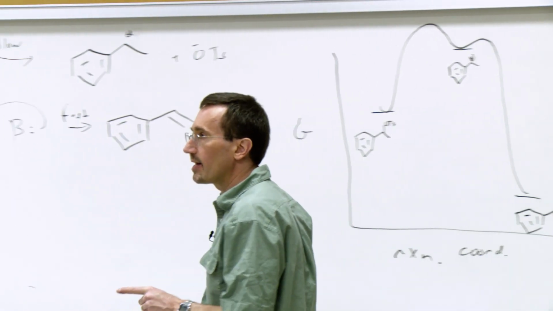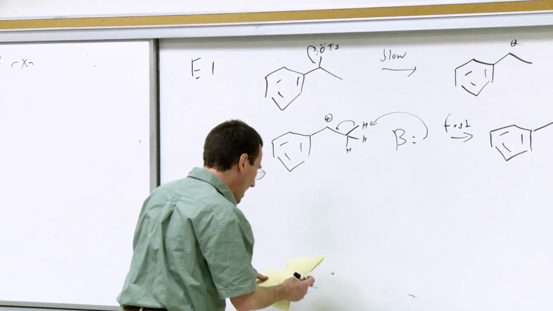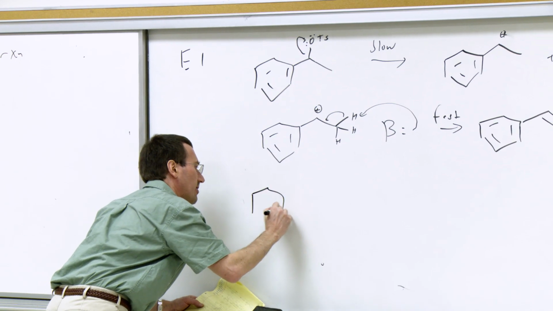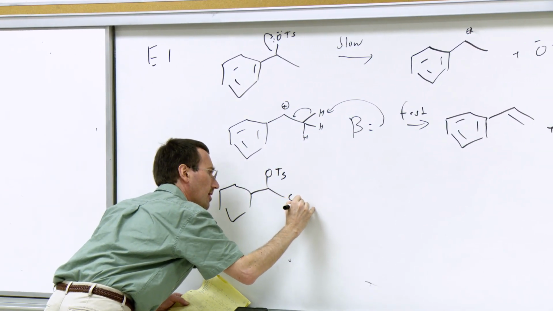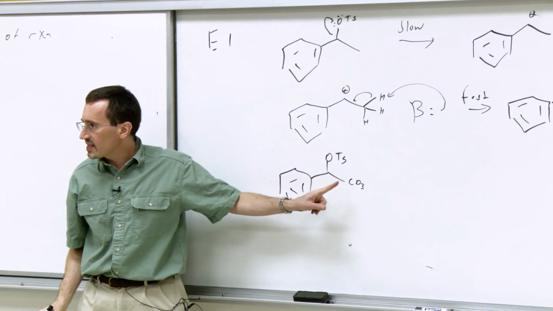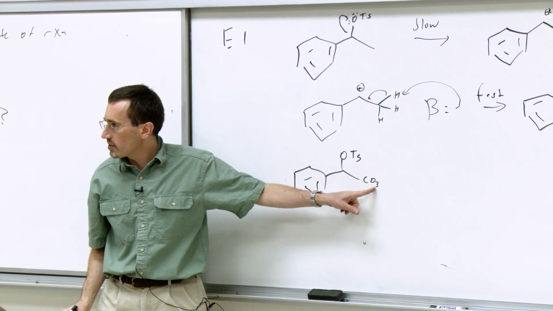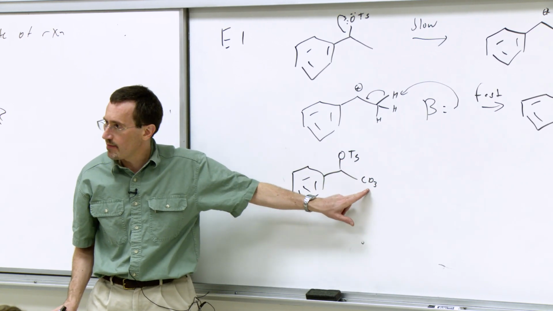Now think about that. We're not going to have a big effect of the deuterium here. In this particular case, the deuterium's getting lost after the rate determining step. The slow step occurs, the deuterium is peripheral.